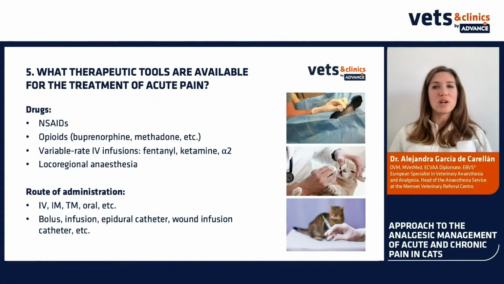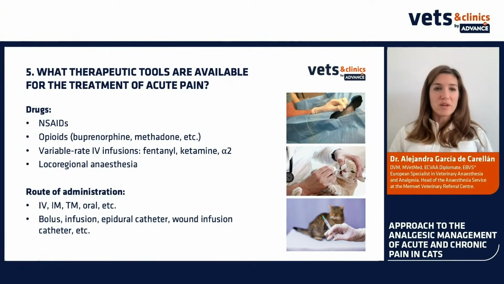So basically for acute pain, we have more tools. We have different drugs, many drugs. So for example, NSAIDs and opioids are the base of the acute pain treatment. Then in really painful patients, we can have variable rate infusions like fentanyl infusion, ketamine, alpha-2 agonist, and obviously local regional anesthesia. And this is for acute pain management.